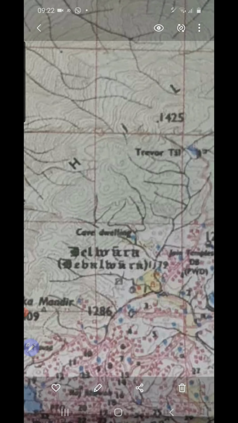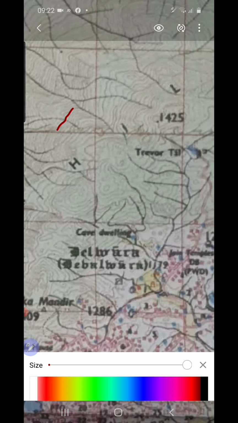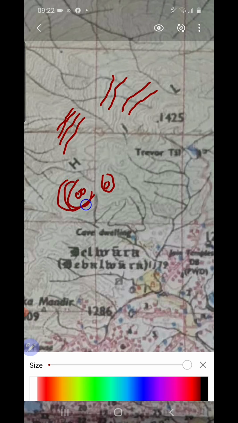You see a number of brown colored lines. Observe very clearly the map which is there in your textbook. These are all brown colored lines, and they form a different pattern.